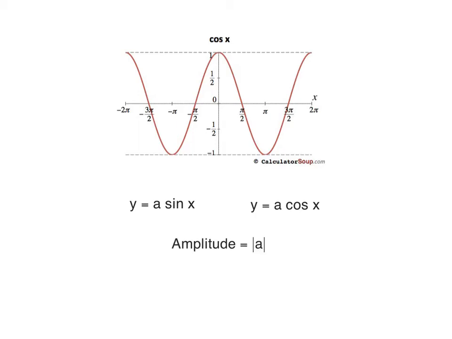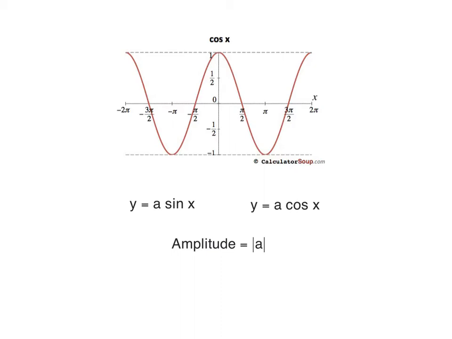This is true for either sine or cosine. So in the graph above for y equals cosine x, a is simply equal to 1, and as you can see, the amplitude, which is half the distance between the min and the max, is equal to 1. So the amplitude is equal to the absolute value of a, whatever that coefficient is in front of sine x or cosine x.